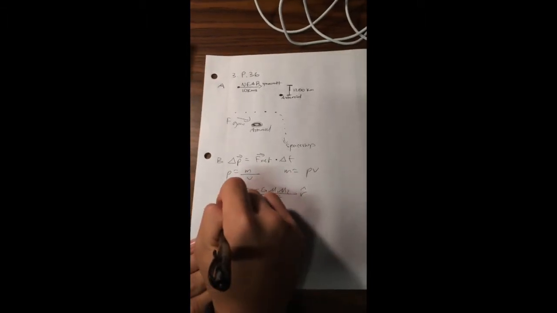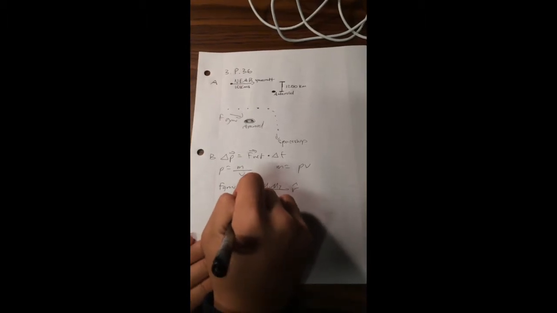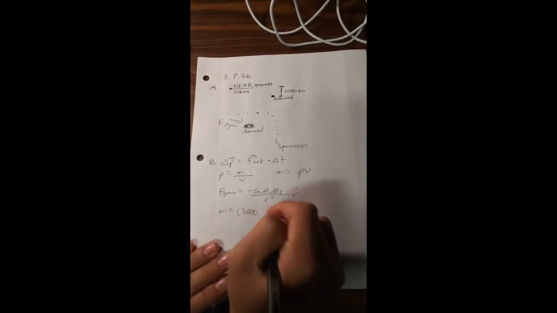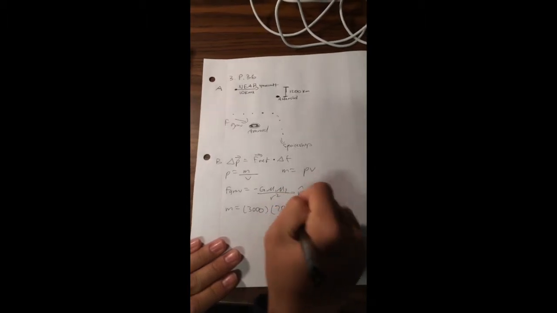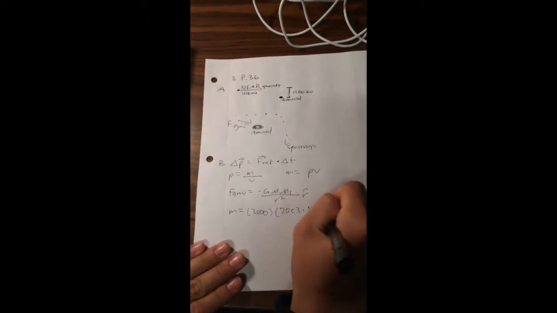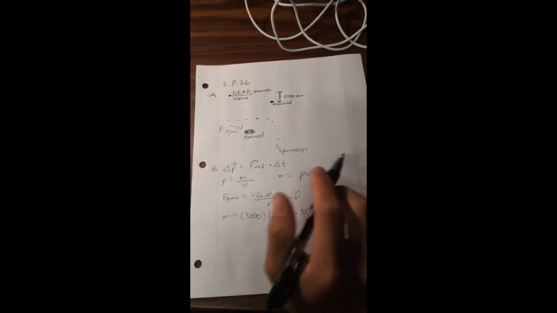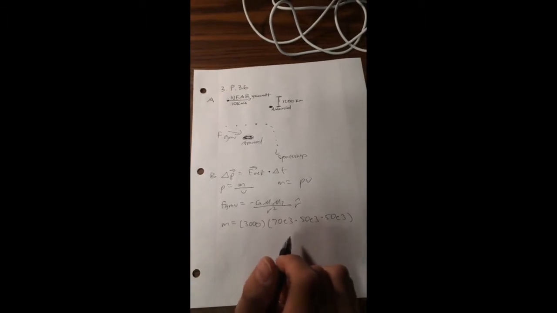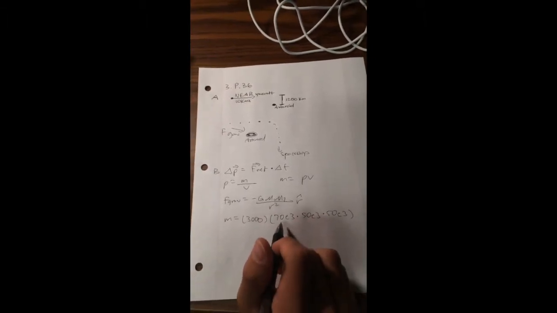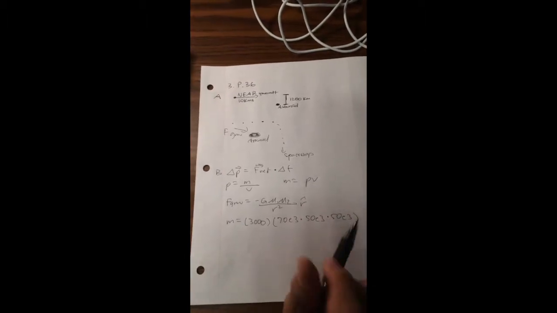The mass of the asteroid is equal to 3,000 times 70E3 times 50E3 times 50E3. 3,000 is the density, and they give you that Matilda's size was 70 kilometers by 50 by 50.